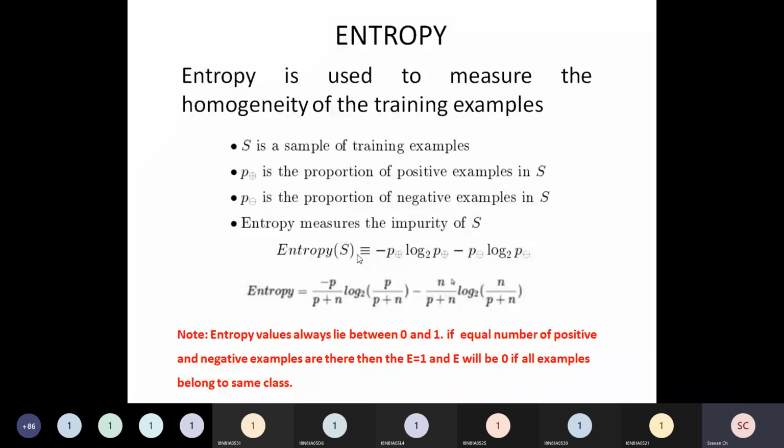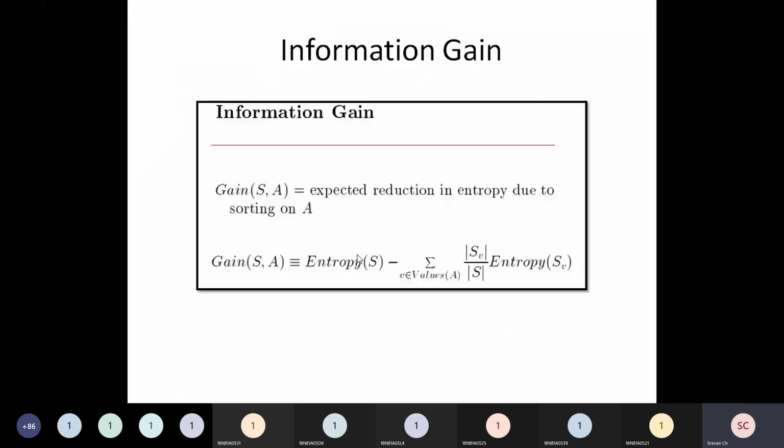Then I should calculate information gain. Information gain is an important parameter which will be calculated for every attribute. How many attributes do we have in the data set? 4 attributes we have: outlook, temperature, humidity, wind.